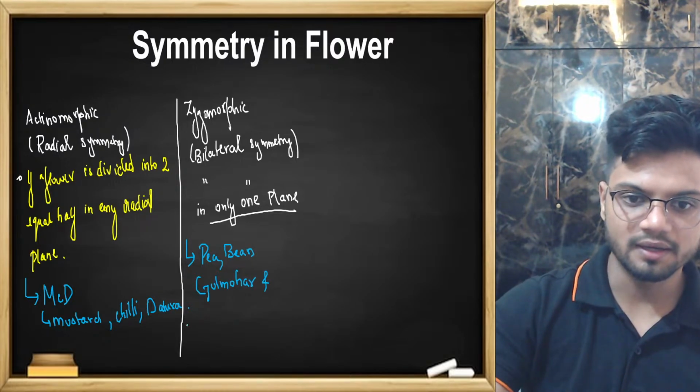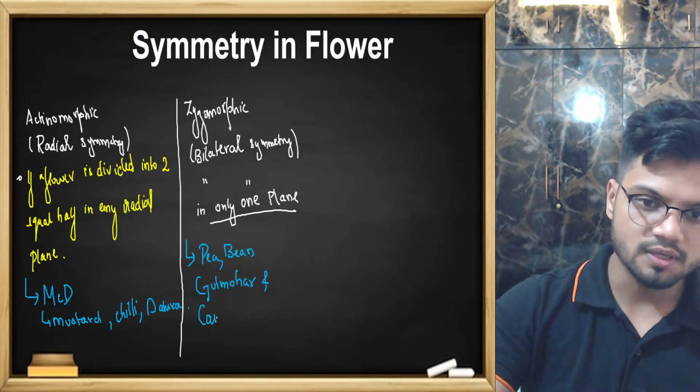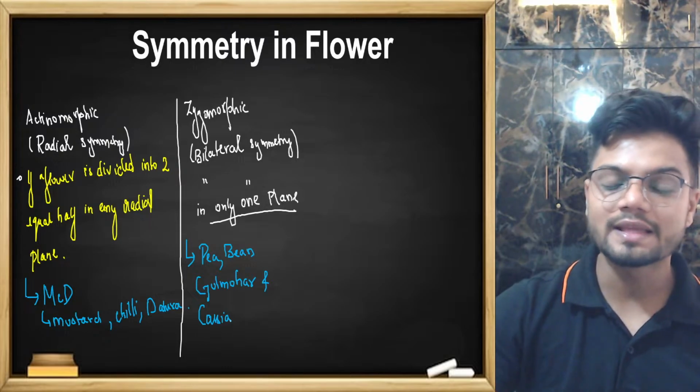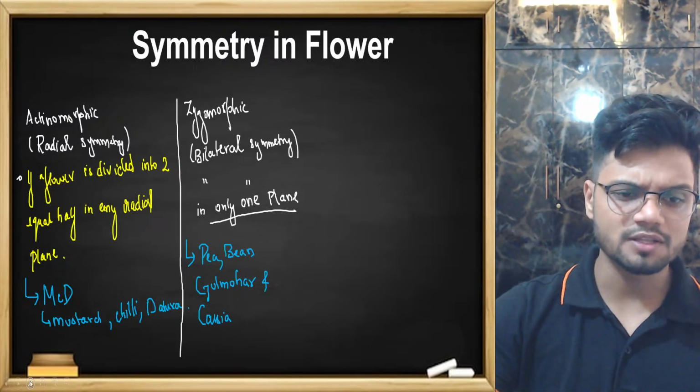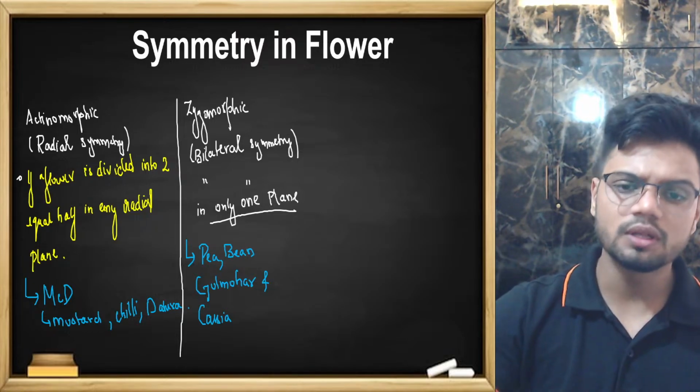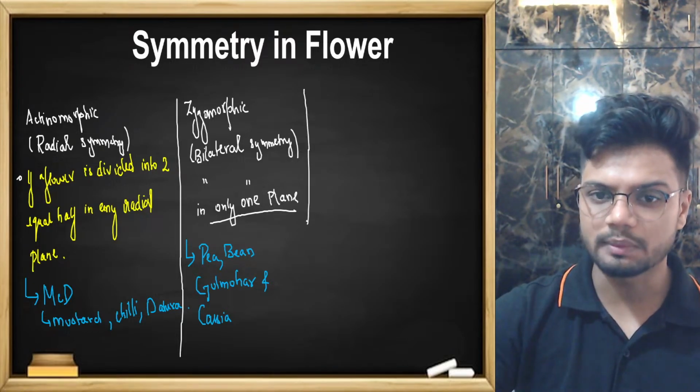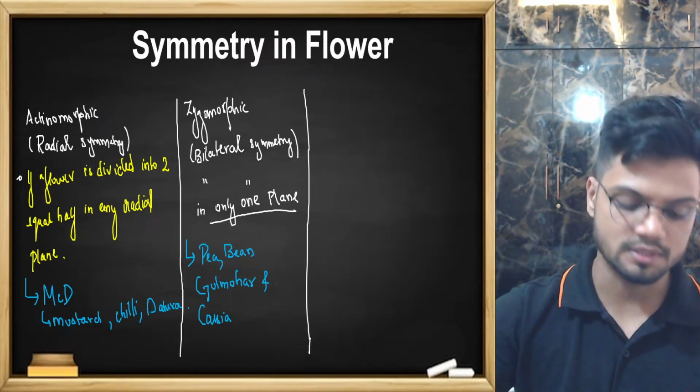Students, in examination, they will ask you only examples. I cannot stress this enough. They will never ask you the entire definition. They will only ask you the examples from this chapter and you have to remember.